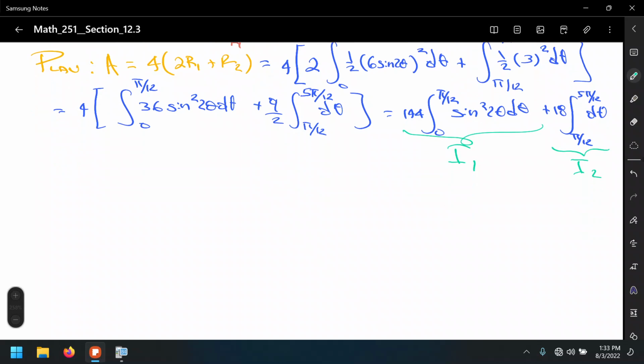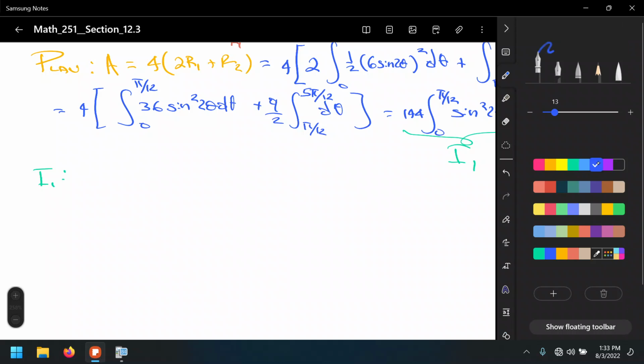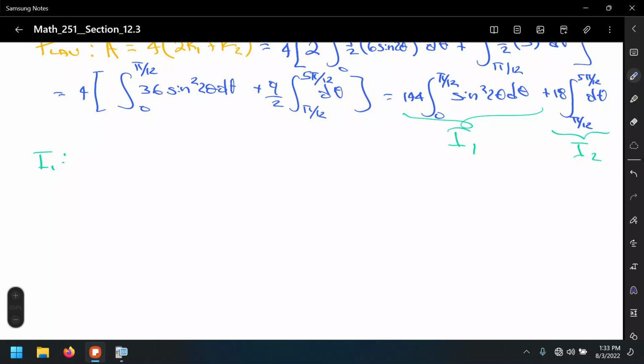Alright, so let's work with integral 1 separately, I1. So that's 144 times the integral from 0 to pi over 12. Let's write the sine squared. Of course, we cannot use u-substitution here because, yes, we have a composition of functions, but we don't have the derivative of the sine function outside, so it stands as the du part of the problem.